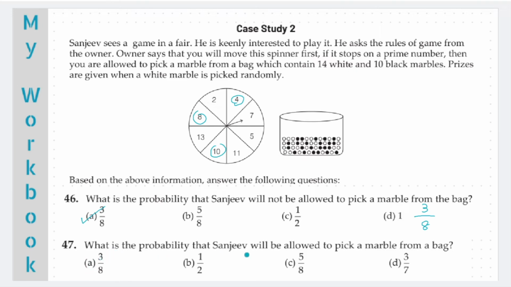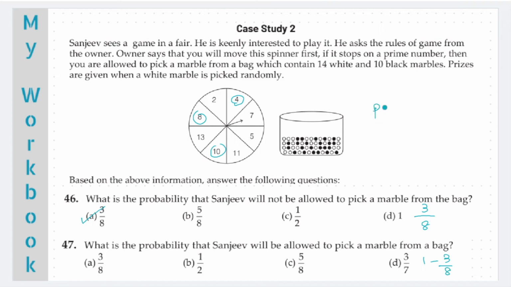What is the probability that Sanjeev will be allowed to pick a marble from a bag? So it is the complement event of the event mentioned in question number 46. So not being allowed to pick a marble is a complement of being allowed to pick a marble. So this answer will be 1 minus 3 by 8.